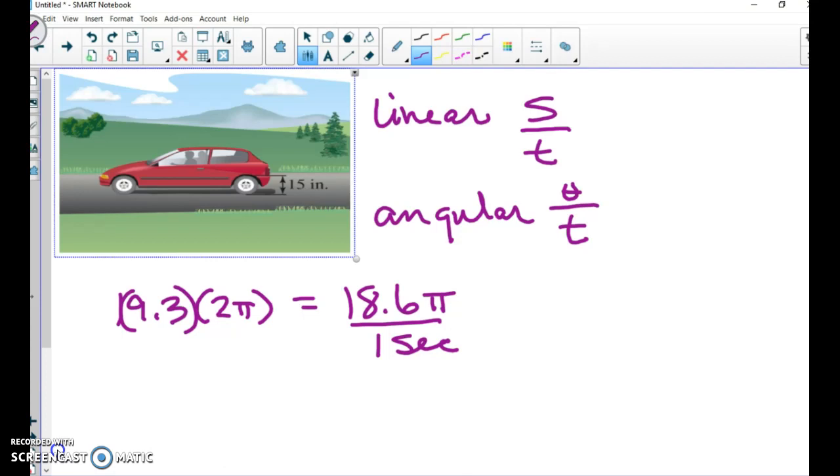It says the linear speed is equal to arc length over time. That's radius times theta divided by time.